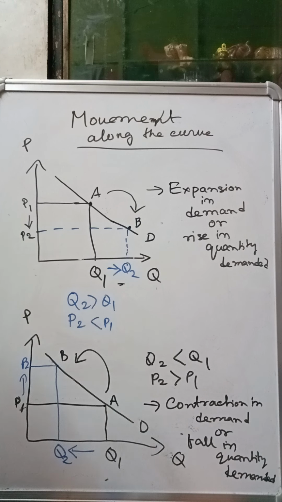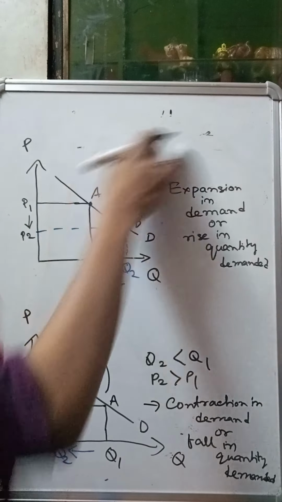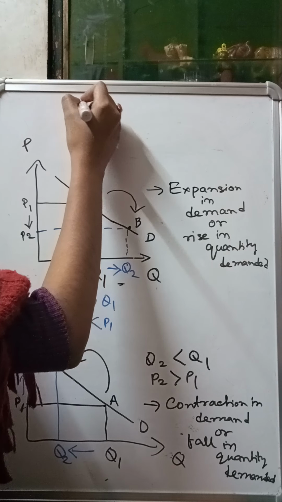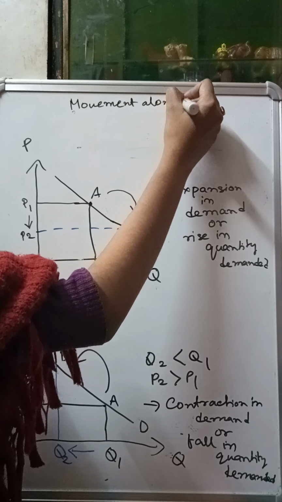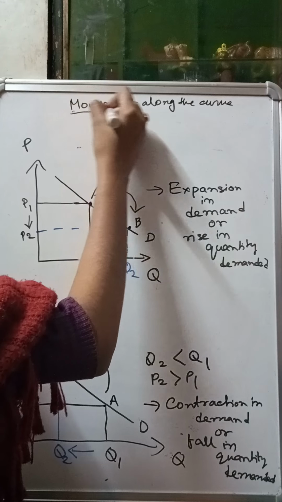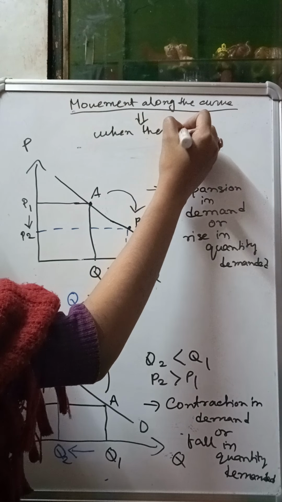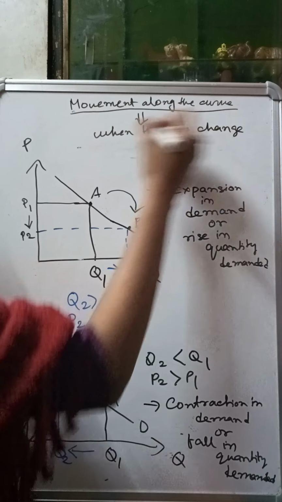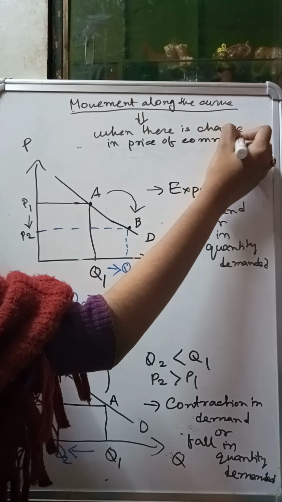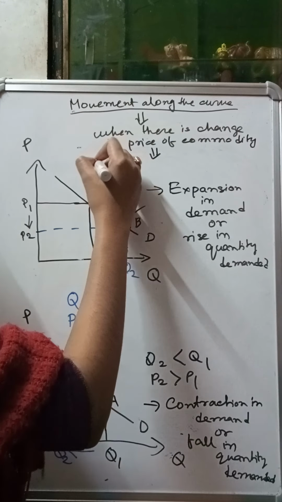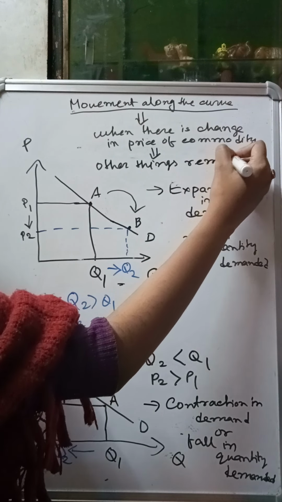Movement along the curve takes place when there is a change in price of the commodity, other things remaining same.